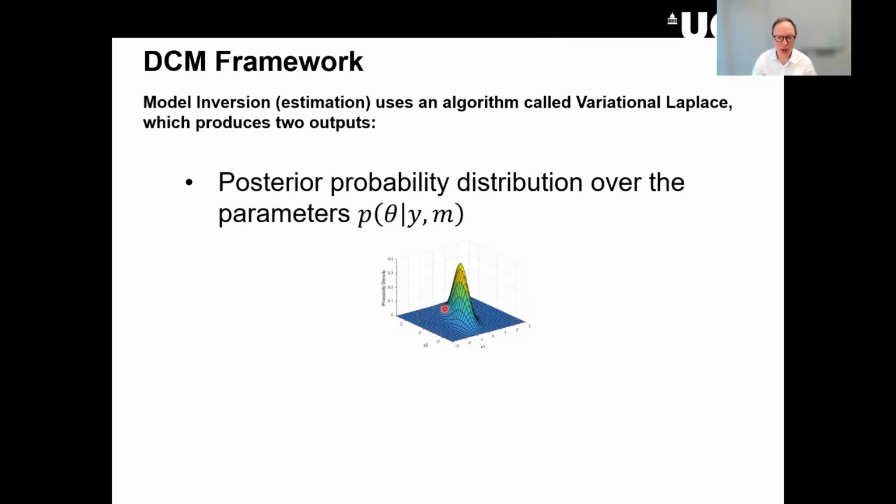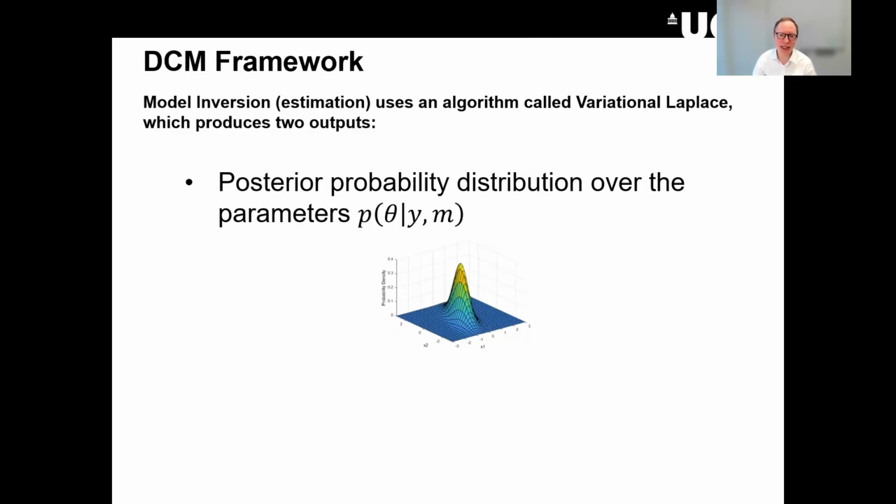What DCM gives you is a distribution, or a mountain, over those two connections. Practically, that means what you've got is both the position of this mountain, so what it thinks is the expected value or the estimated value of each connection, but you've also got the width of the mountain in each direction, and the width tells you how confident or how precise that estimate is, and that's really useful for doing statistics.